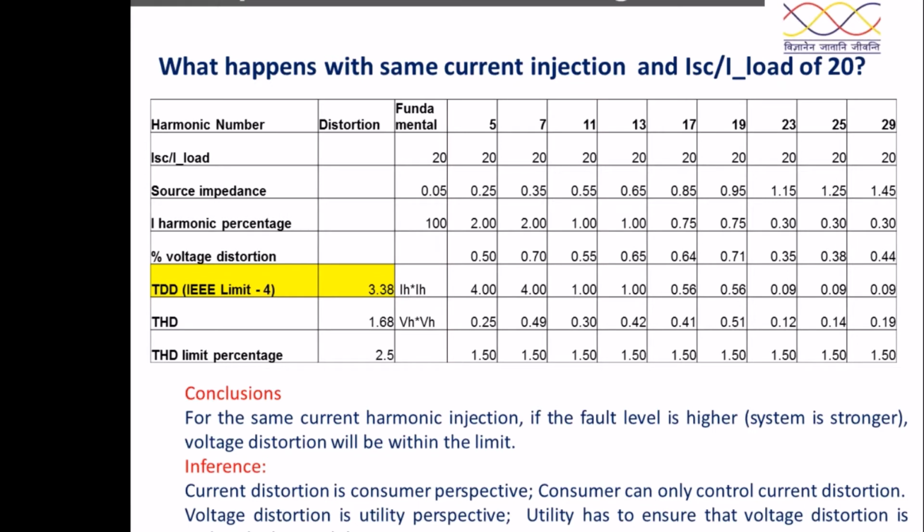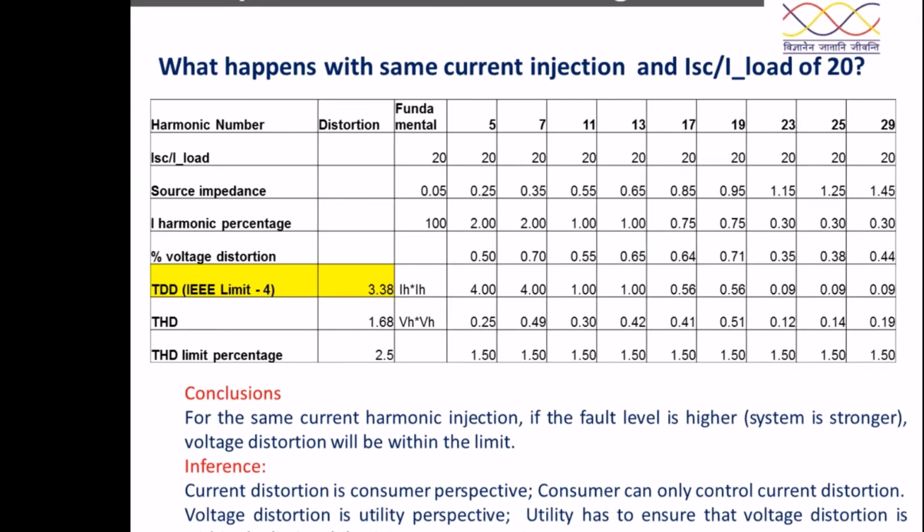You might have seen that most of the steel plants, when they were connected at 132 kV level, maybe the voltage distortion was higher because the fault level, ISC by IL, was lower. But when you get connected at 220 kV, where the fault level is more and the IL is less, because at 132 kV current compared to the 220 kV current, IL is less, it may so happen that distortion will come down.